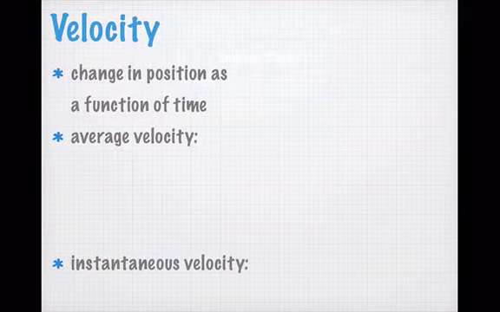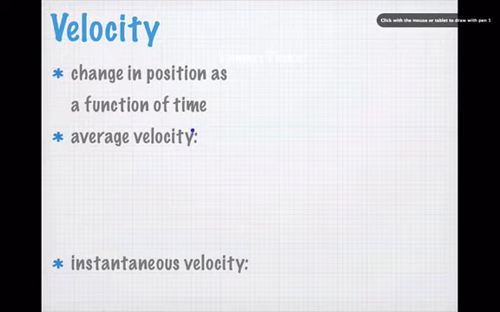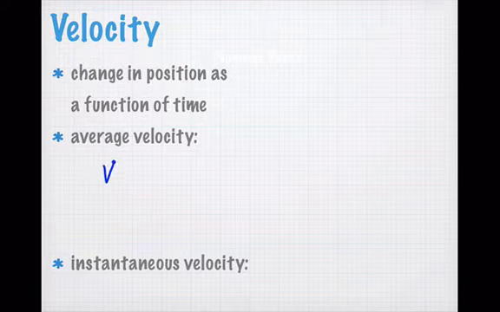Velocity. Velocity is our change in position as a function of time. Usually we talk in terms of average velocity in this course. So you could call that v. All right, velocity is going to be represented with a v. Many books will write v average, and again, it's a vector quantity, equals or is defined as delta x.